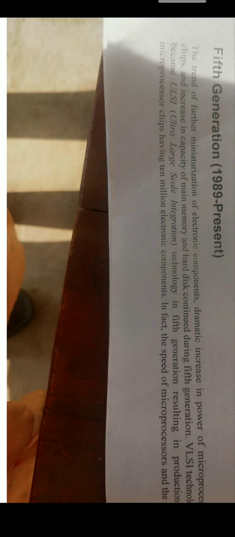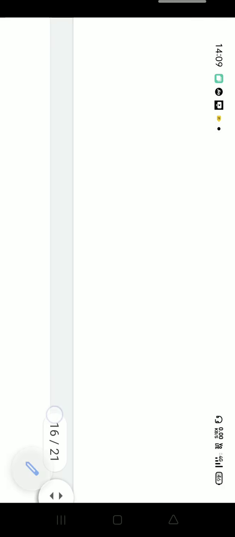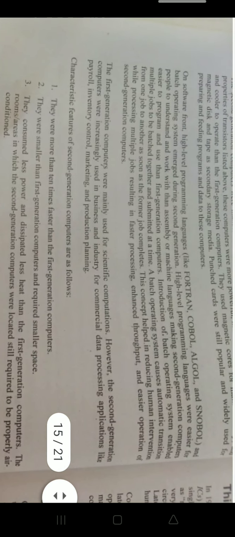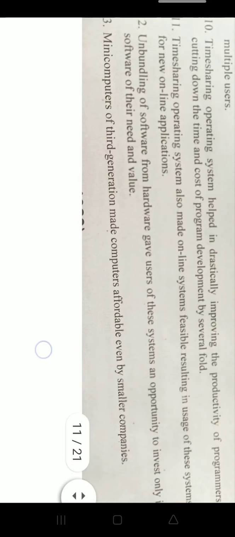In fact, the speed of microprocessor and the size of main memory and hard disk doubled almost every 18 months.